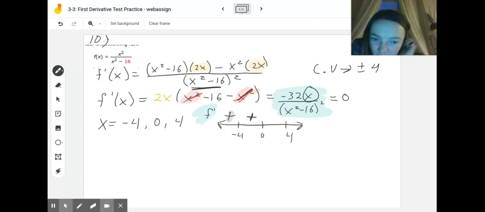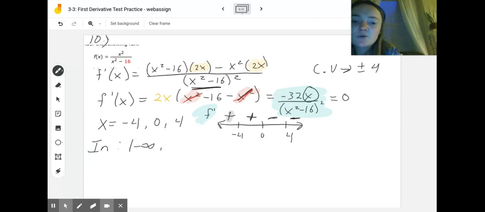Let's plug in a positive number, like 1. Negative 32 times 1 is negative, all over a positive value, so that's going to be negative. The same thing is going to happen for numbers past positive 4. And so what I can say is that the function is increasing from negative infinity to 0. Technically it's not doing anything at negative 4, and I'm not sure how sensitive WebAssign is going to be on this one.